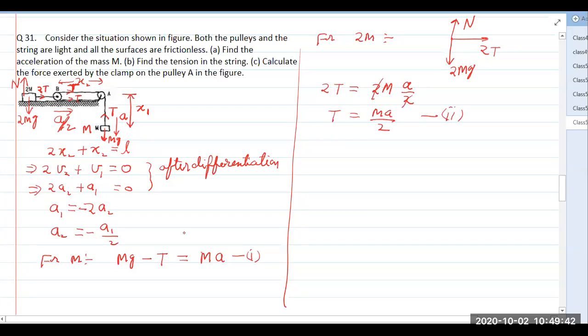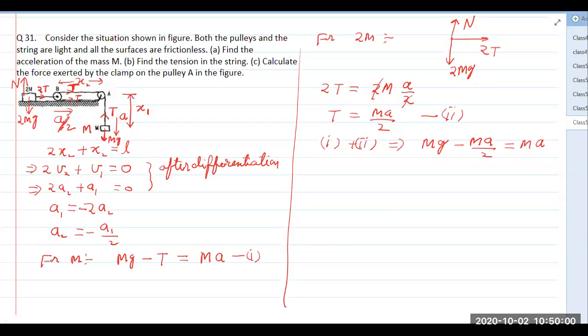We can replace the T in the first equation, or add equation 1 with equation 2. If you add these two, we get capital Mg minus ma by 2 equal to ma.